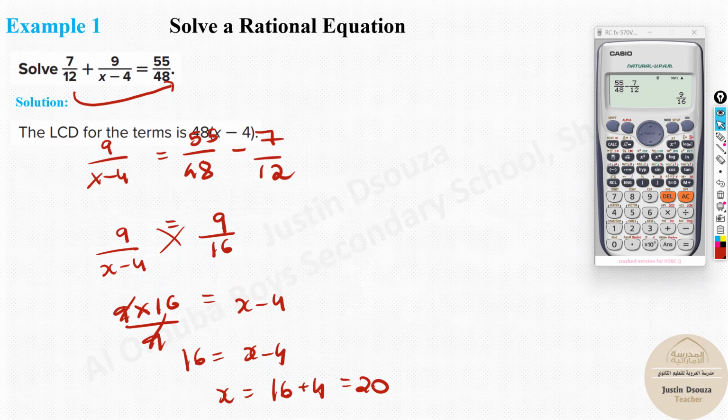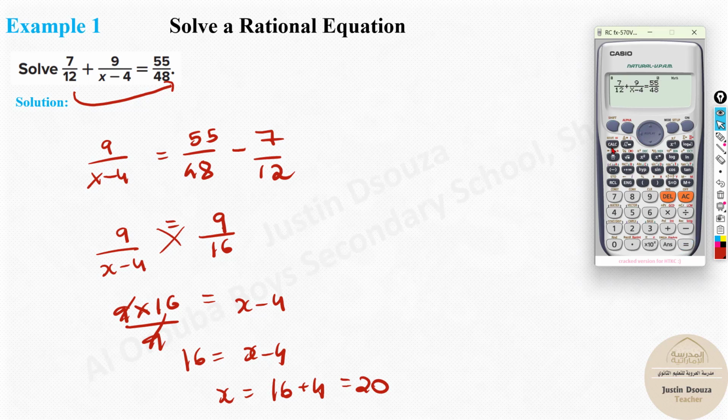You can solve this easily with the calculator as well. How do you do that? Whatever question you have got, just type it as it is, like 7 divided by 12 plus 9 divided by x minus 4, using alpha x, that is equal to 55 by 48. Now you can't press equal to, it's an error.